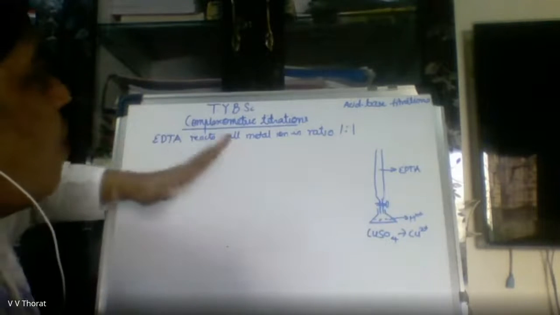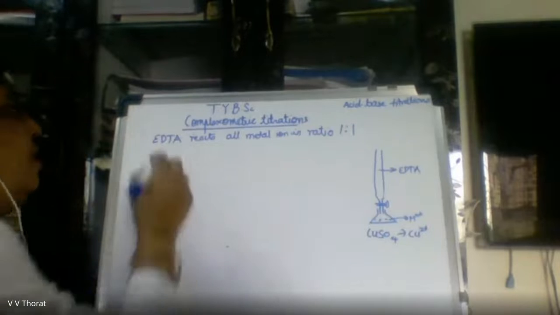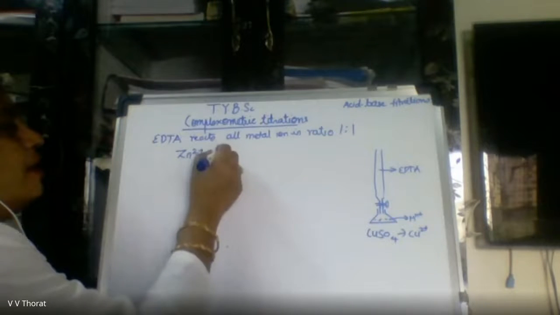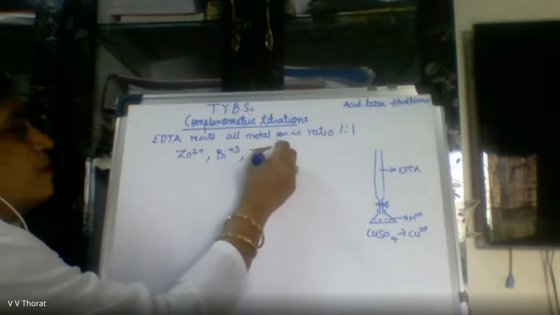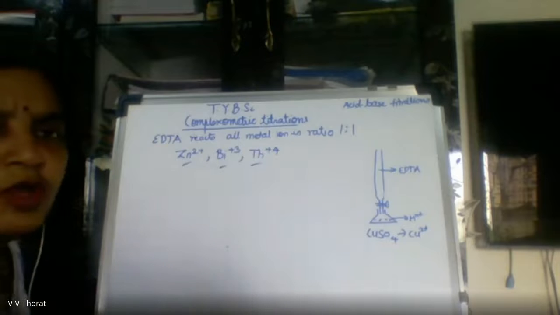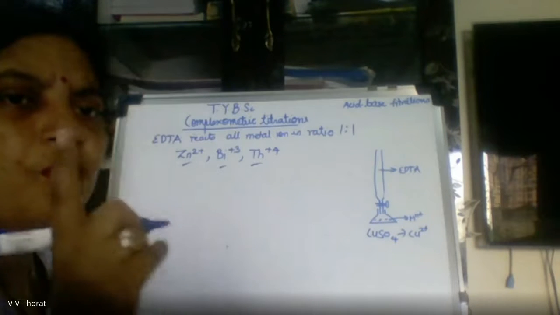It means suppose I have zinc, or I take bismuth, or thorium plus 4, anything, divalent, trivalent or tetravalent, it will react in the ratio of 1 is to 1.